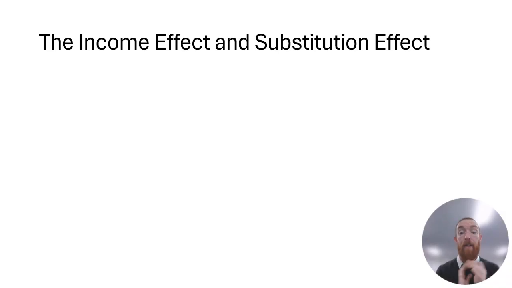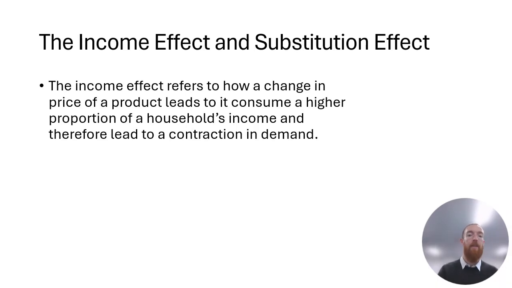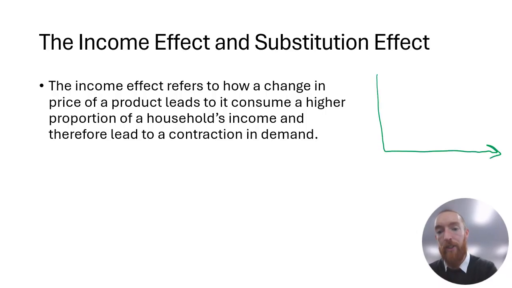In this current state of design, we also have a couple of new things alongside the law of demand. We have the income effect and the substitution effect. Now, these have not really been asked on the end-of-year exam yet, so it's hard to know how explicitly they'll come up, and students aren't as confident with them. So the income effect refers to how a change in the price of a product is going to consume a higher proportion of your household income and therefore lead to a contraction in demand.